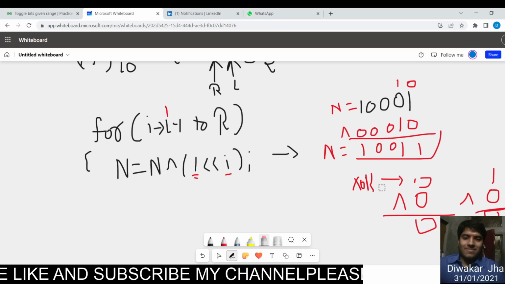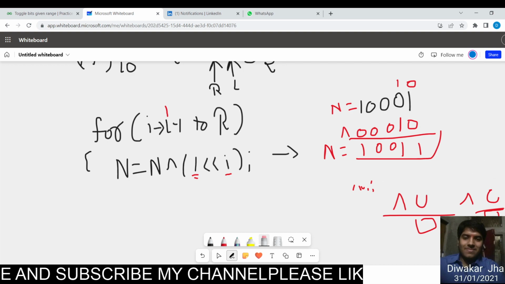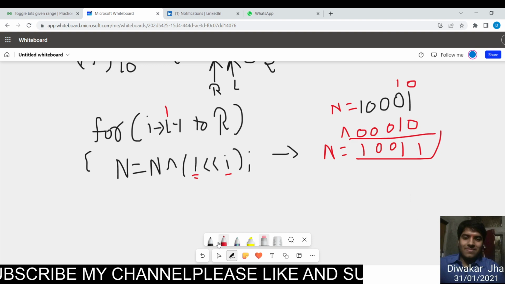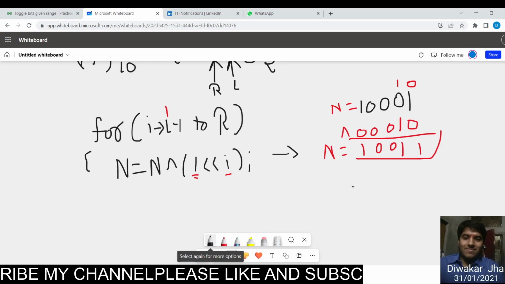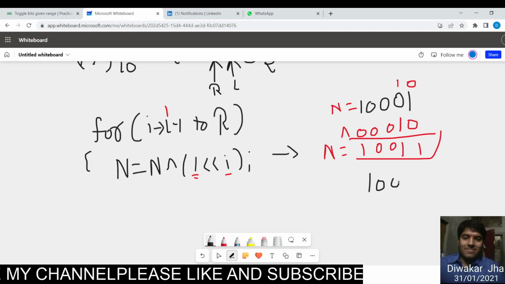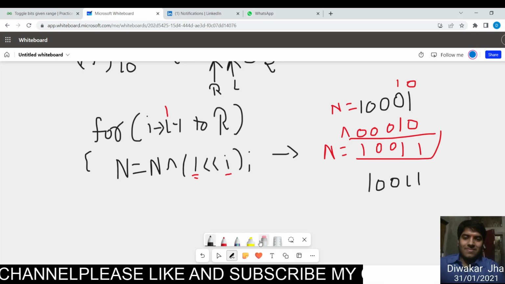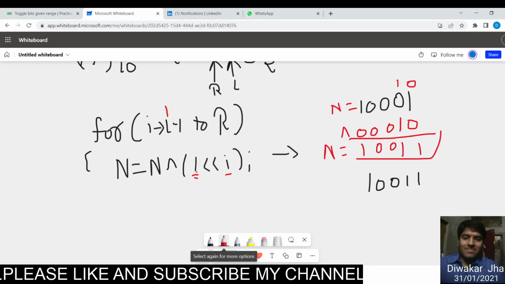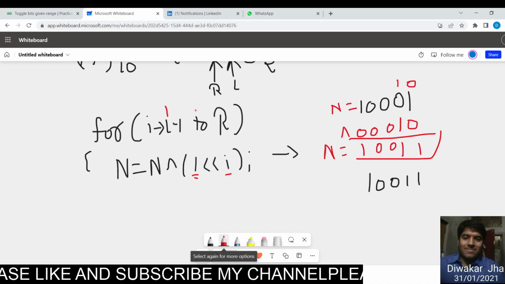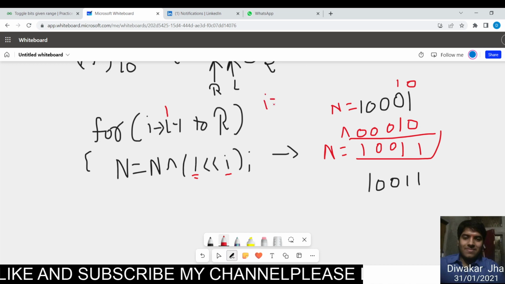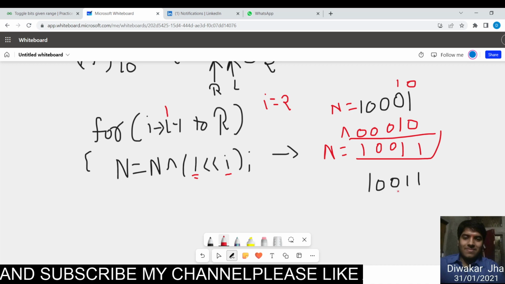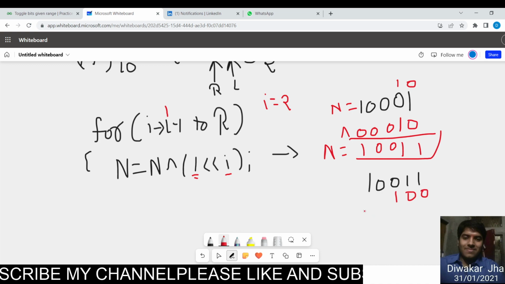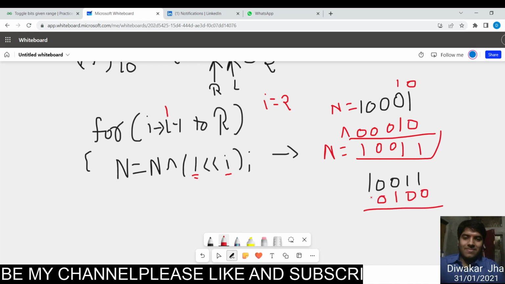Now the for loop runs again and increments by 1. So now i is equal to 2, and the bit will be shifted 2 times to the left, representing it like this.